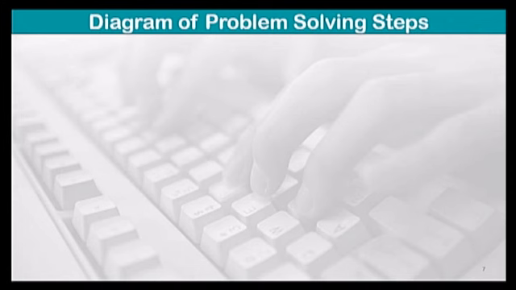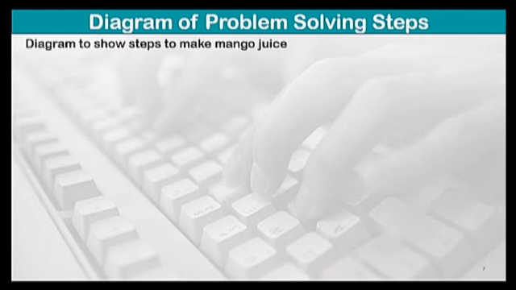We will now see how a diagram can be used to represent the problem solving steps. Recall, our problem was to make fresh mango juice. Let us start. The first task is to peel and cut ripe mangoes.